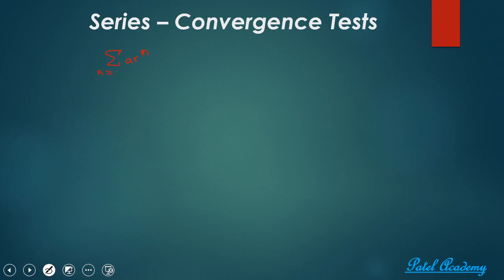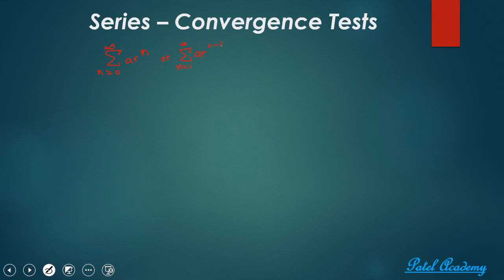And in general, our index starts from n is equal to 0 to infinity. But sometimes, because a lot of the series will start with n is equal to 1, we can modify this a little bit by saying that it's a times r to the power of n minus 1. These are identical. You can verify that using an index shift.